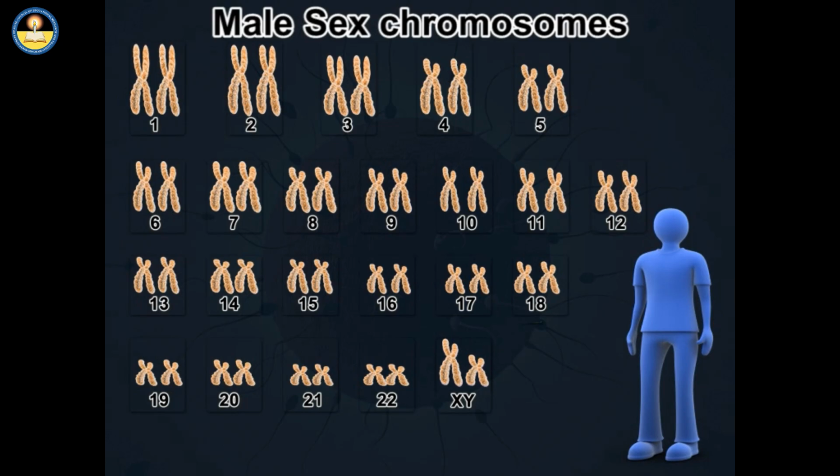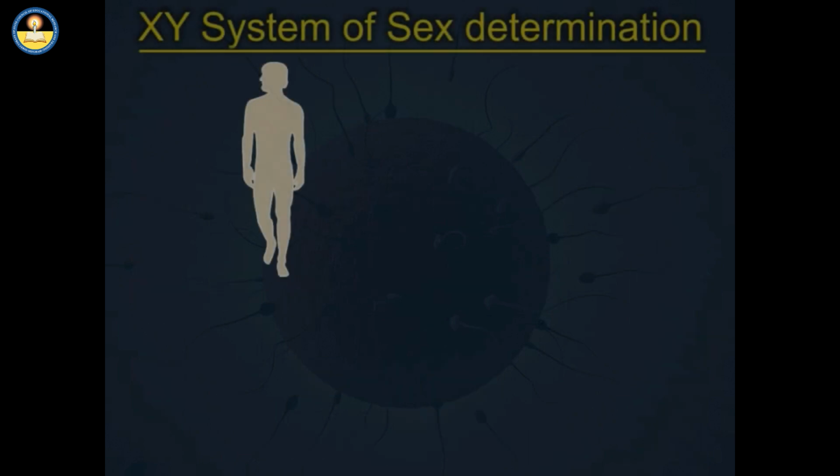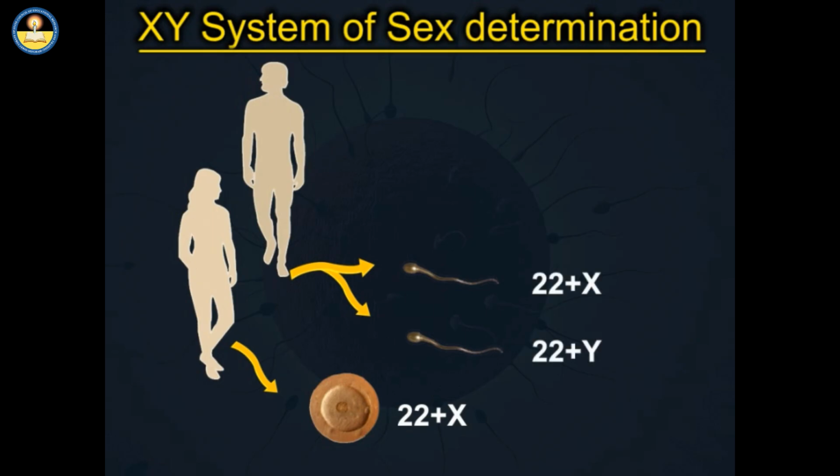Males have 2 distinct sex chromosomes, X and Y, and are called heterogametic sex. A mature female will produce eggs, each with 1 X chromosome. A mature male will produce sperm with either an X chromosome or a Y chromosome.